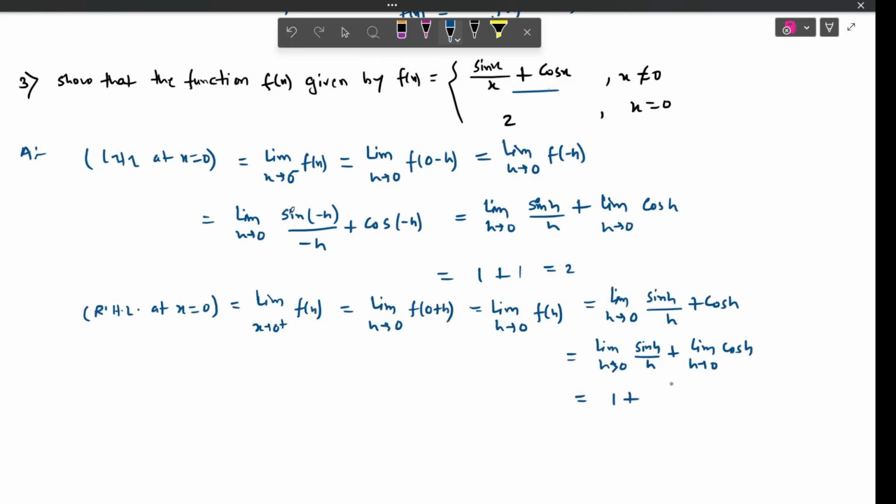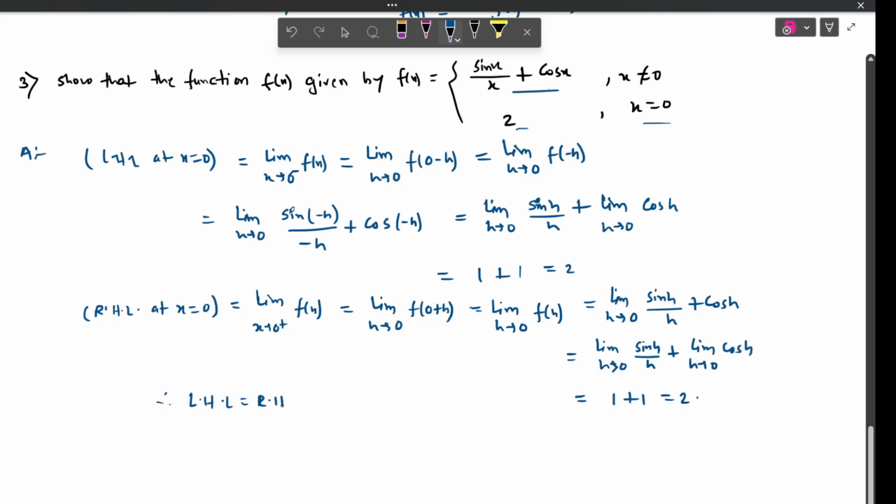That is 1 and this is also 1, and it is given f of 0 is 2. So you can say left hand limit equals right hand limit equals value of the function, right? So it is continuous at x equals 0.